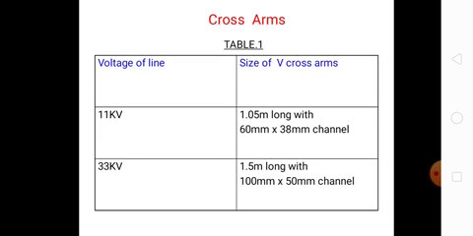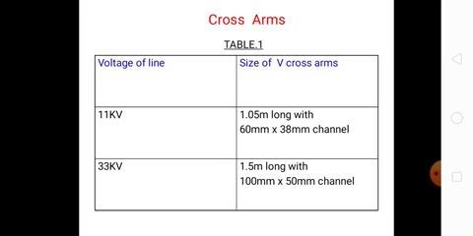Here, for different voltages we are using different cross arms. When the voltage of the line is 11 kV, the size of the cross arm should be 1.05 meter long, with a 60 mm by 38 mm channel.